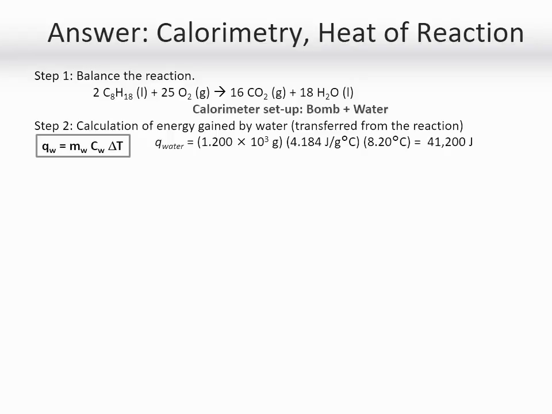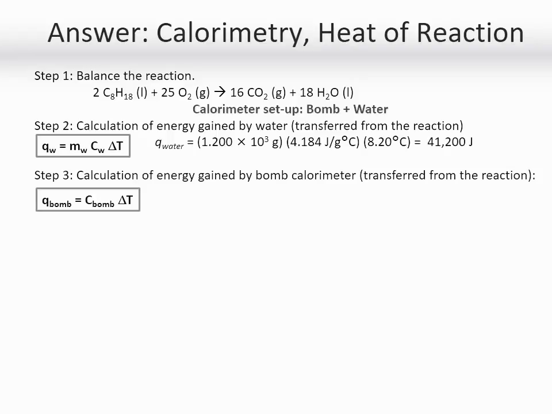The second step is to calculate how much went into warming up the bomb device. That is given by the heat capacity of the bomb. Remember, all the parts are always fixed. Every single time we do experiment 1, experiment 2, experiment 3, it's always the same device with the same components, so there are no parts changing.